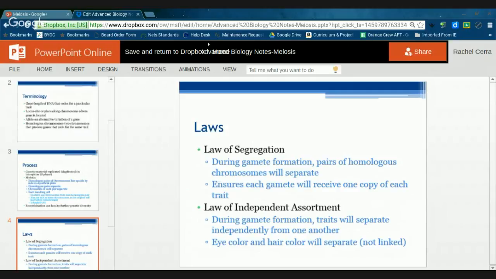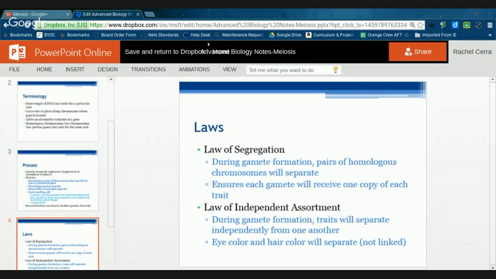The reason why this particular law is important is it makes sure that each gamete has a copy of every single trait. Otherwise, if we just randomly said, oh, you're going to get 23 chromosomes, you might end up with two copies of this gene and no copies of another one because you've got both copies from mom and dad on this one particular gene.